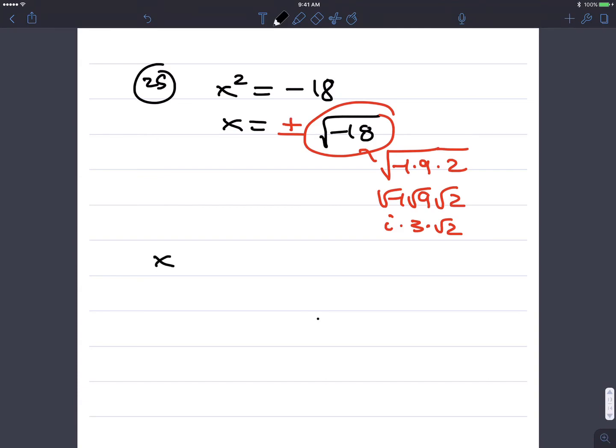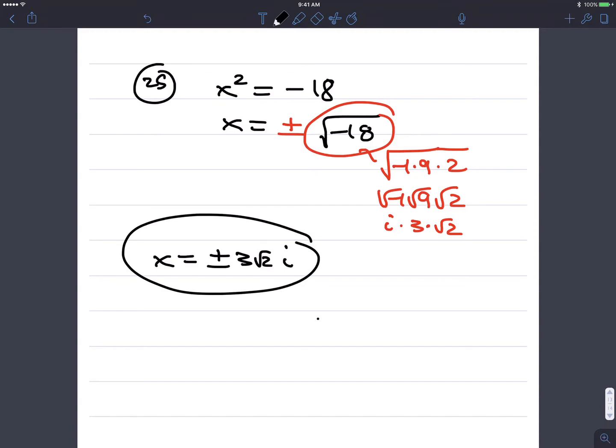This gives us x equals plus or minus 3 square root of 2 i. Writing this in complex number form where we put the i at the end. Make sure i is outside of your radical, and this is your solution. 3 square root of 2i and minus 3 square root of 2i. And you're done.